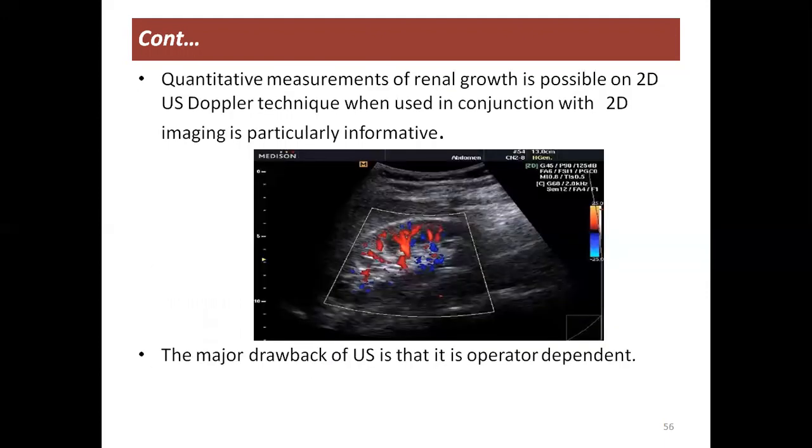Quantitative measurement of renal growth is possible on 2D ultrasonography. Doppler technique, when used in conjunction with 2D imaging, is particularly informative. The only drawback of ultrasonography is that it is an operator dependent procedure, that is, the skill of the operator will obviously affect the outcome of the result.